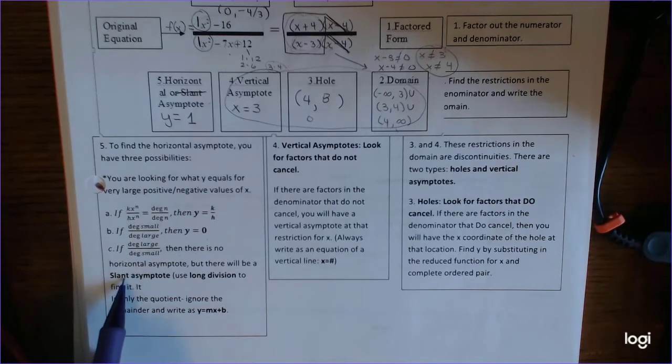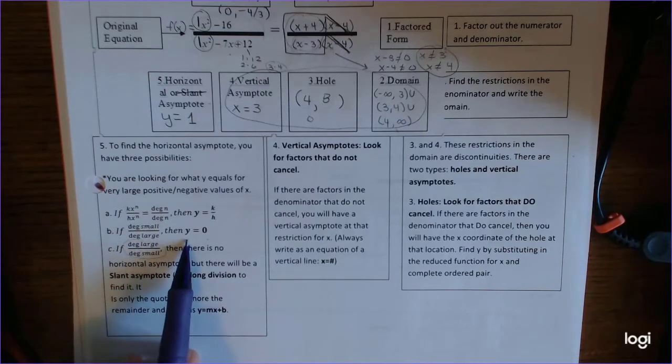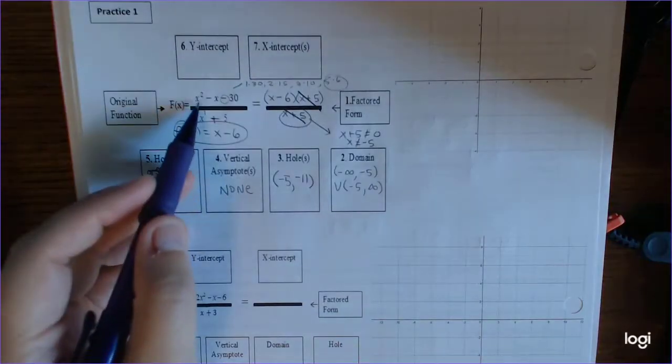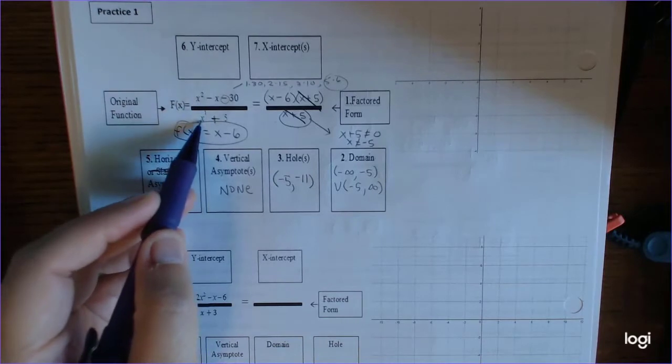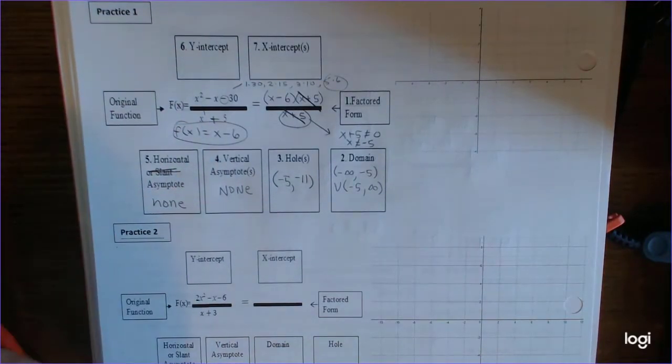There's going to be something called a slant asymptote, and we're going to use long division to get it, but that's not in this unit. So all we have to say here is that if you have a degree large over small, there is no leveling off. There is no horizontal asymptote. And while I'm here, if you have a degree small over large, then the horizontal asymptote will be y equals 0. Degree large 2 over degree large 1, so there is no horizontal asymptote.